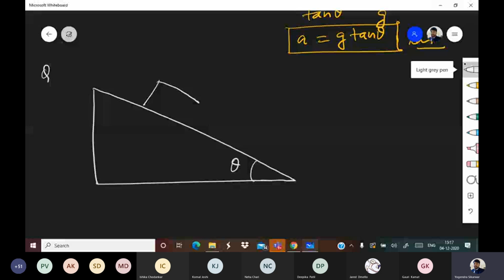And then there is a mass, capital M. This is M1 and this is M2.